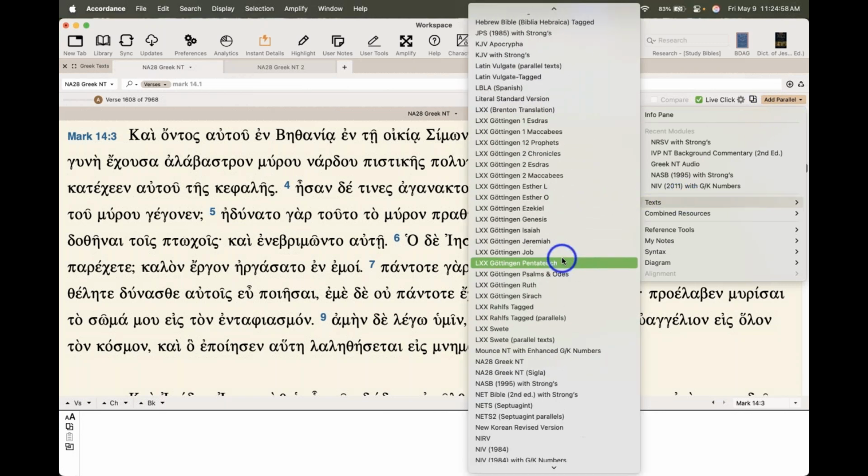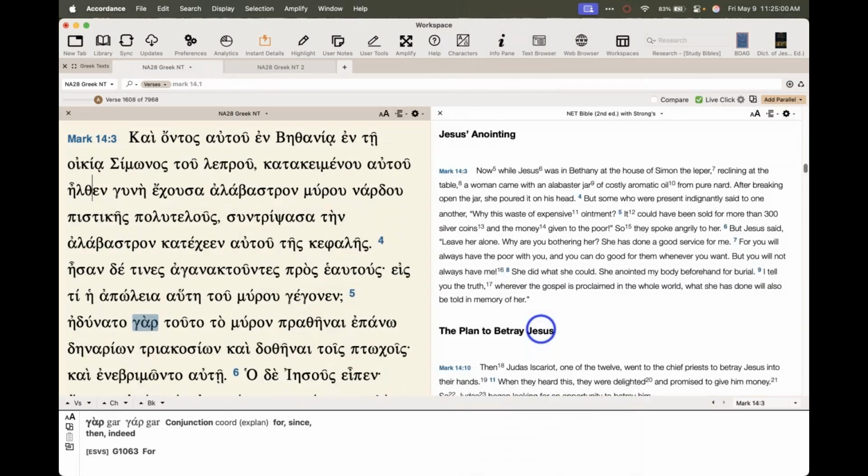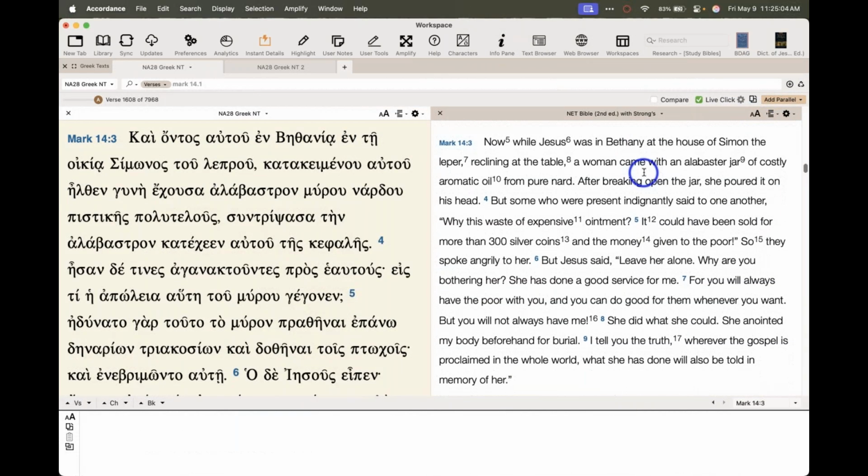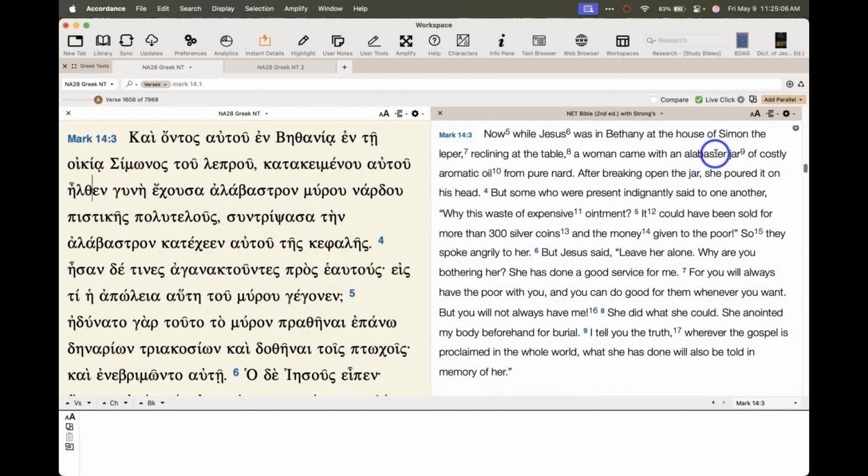Let me open up the NET Bible. So we've got a woman who comes with an alabaster jar, and we have a little text note there. A jar made of alabaster stone was normally used for very precious substances like perfumes. It normally had a long neck which was sealed and had to be broken off so the contents could be used. So we've got the alabaster jar of ointment.